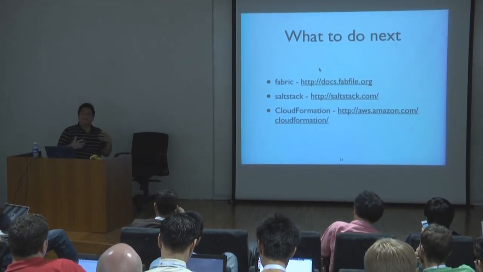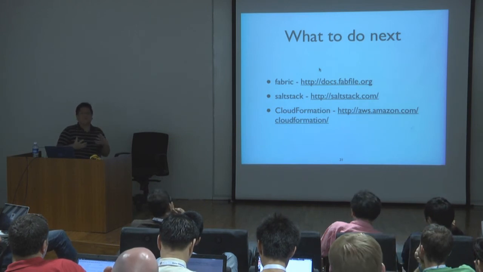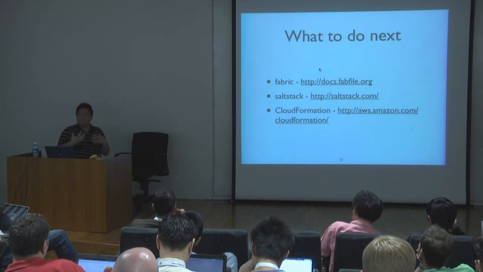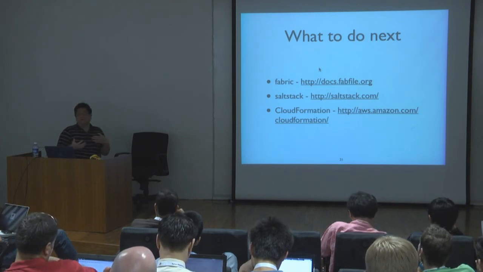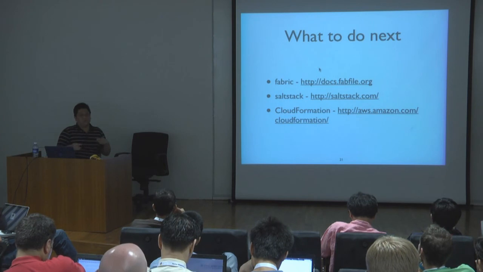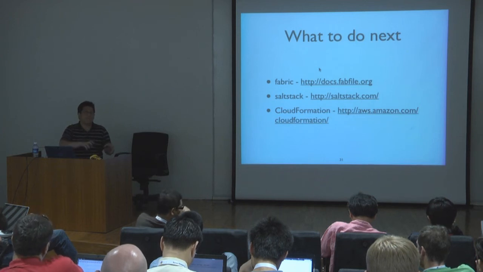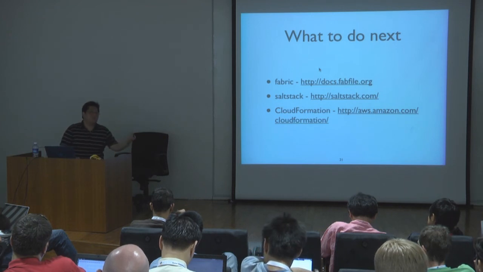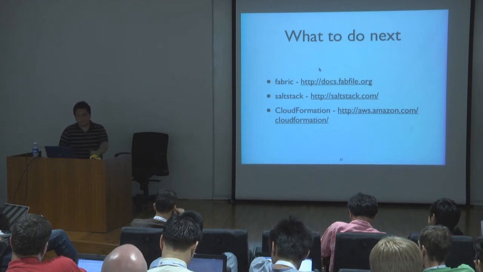Fabric allows you to define a list of machines and operations to perform on those machines in sequence, and you can define essentially your whole setup process as code in Python. Similarly, SaltStack allows you to define relationships between different nodes. So you can have dependencies. One could be master. Master starts up first, and the slave starts up later, that kind of thing.